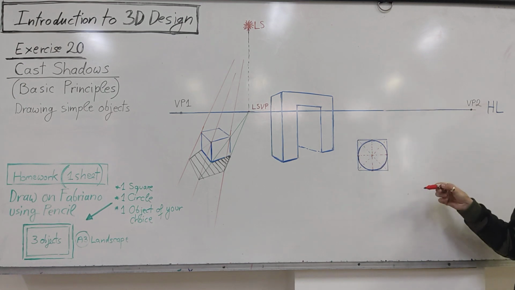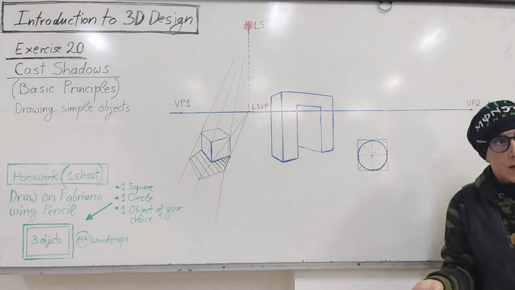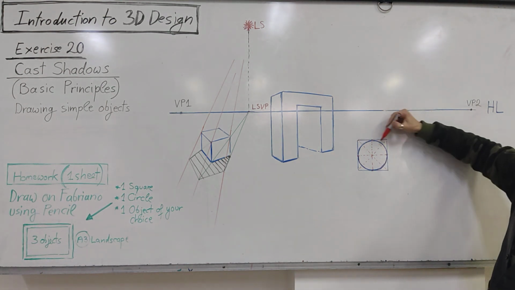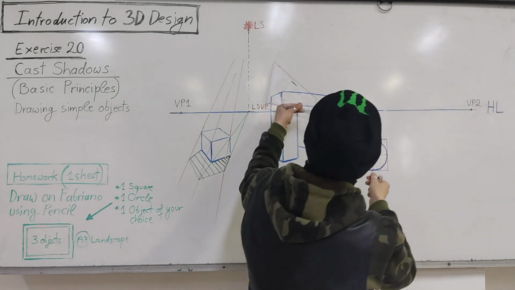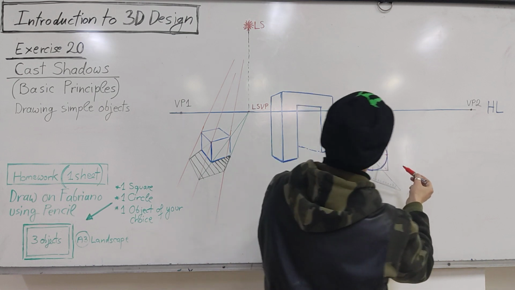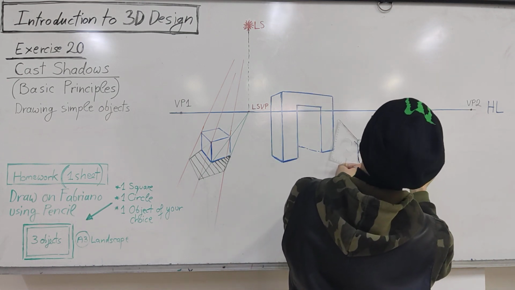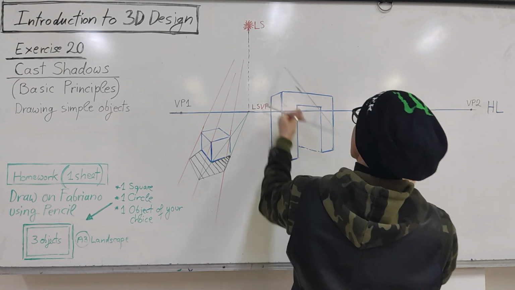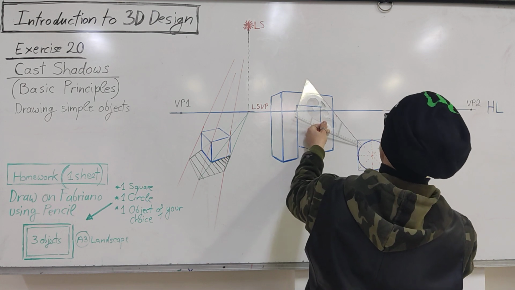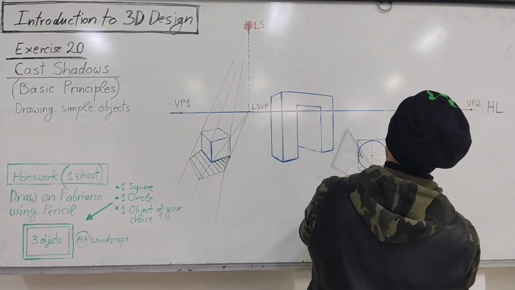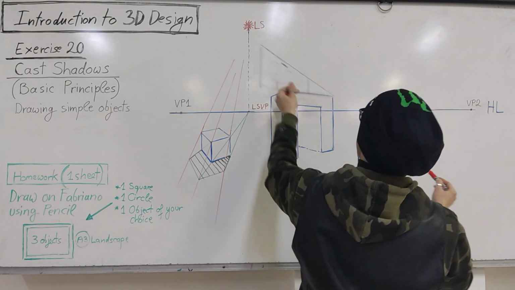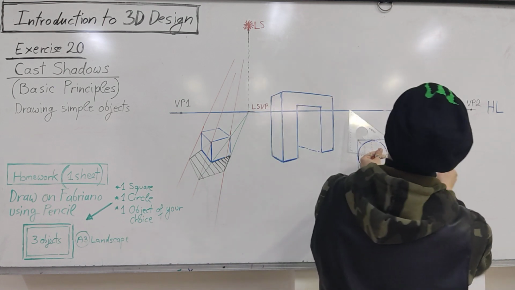Now, when we draw the shadow, we will first draw the shadow of the square. Later, we will draw the circle. So, these are the 2 upper points from the light source. From the light source, we will draw straight lines. From this point, the upper point, again from the light source.